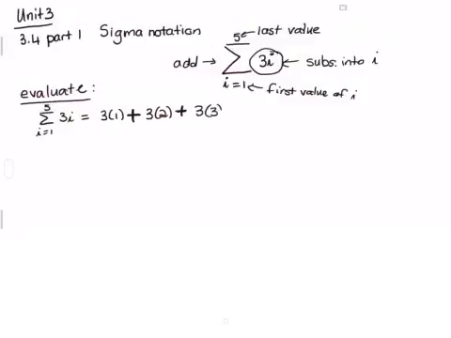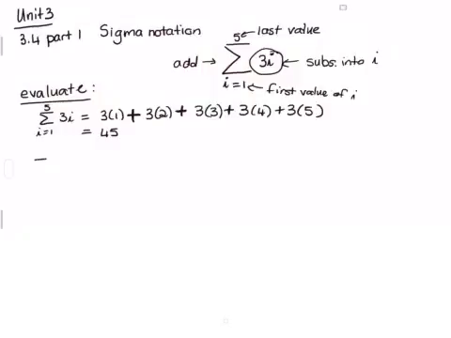Next value of i, and you keep making i 1 more, always 1 more, until you get to the last one. Then you stop. So now you would work that out, 3 plus 6 plus 9, etc. So evaluate, you would end up with adding them all.